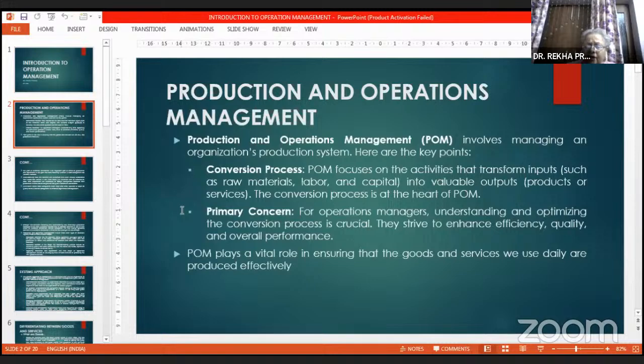System means what? You have different components working towards the same objective. It is not that only one part is working. For example, in management also we have four functional areas: marketing, HR, finance, and operations.